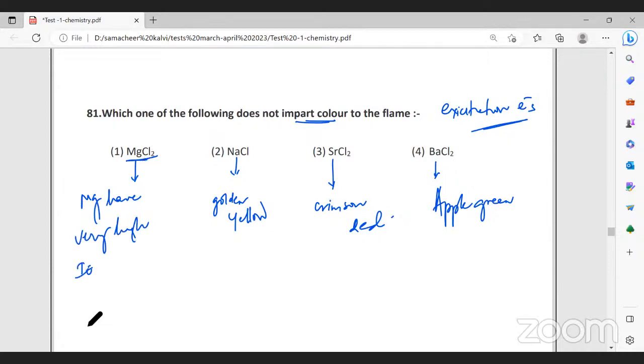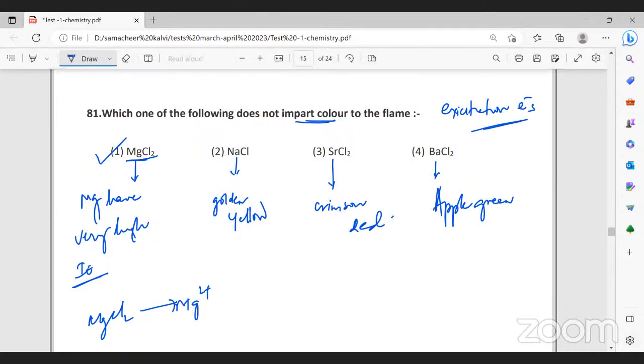In magnesium chloride, magnesium is already in the Mg2+ state, so if an electron is to be removed from this, the energy required will be very high. Therefore, magnesium does not impart any color. All the other salts impart color. Which one of the following does not impart color to the flame? The answer for this question is option 1. Magnesium chloride does not give color.